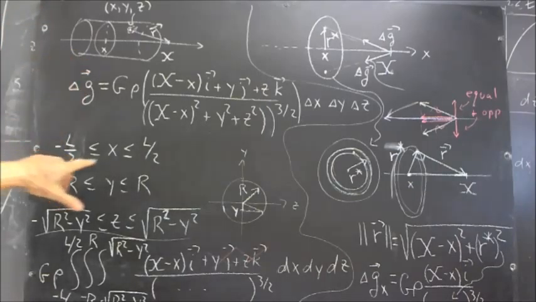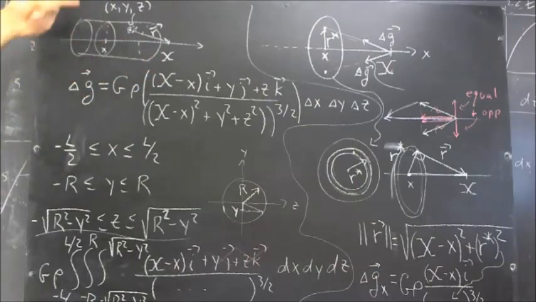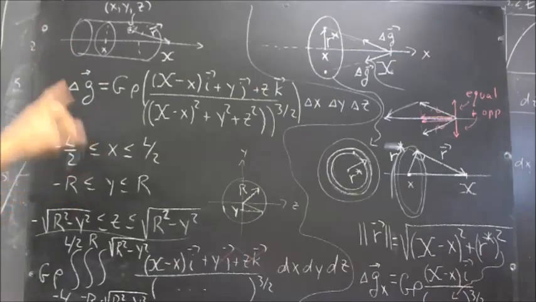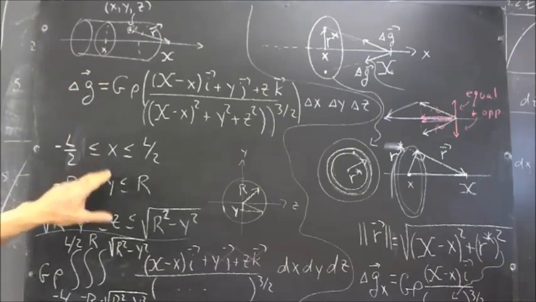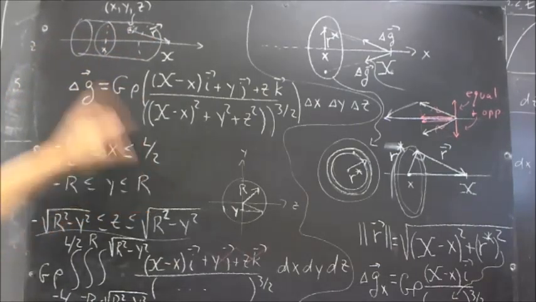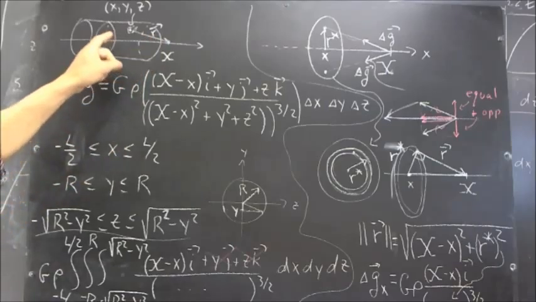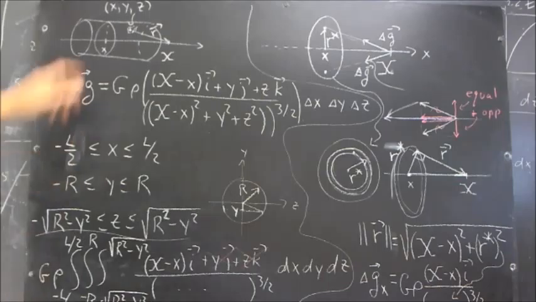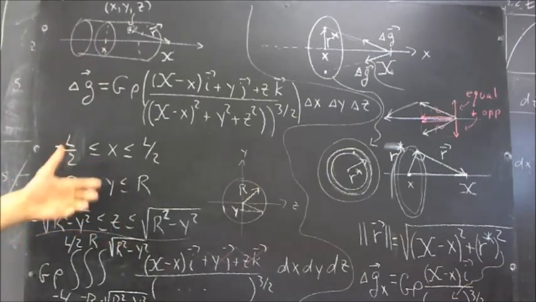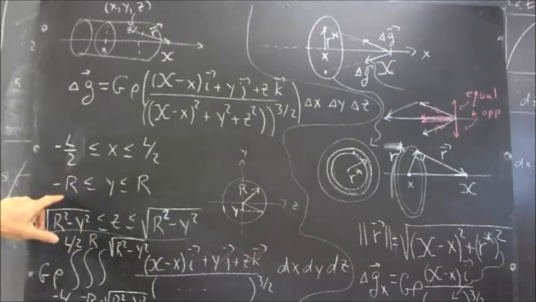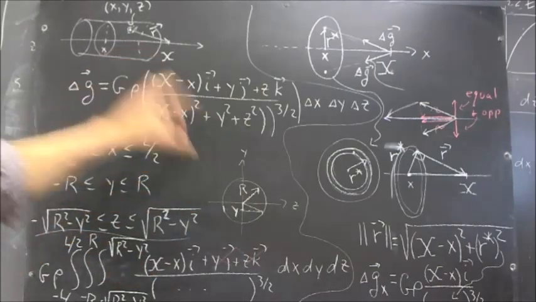The inequalities that could be used to describe this in terms of rectangular coordinates: clearly x is within the cylinder if it falls between negative L over 2 and positive L over 2, L being the length of the cylinder and x being 0 at the center of the cylinder. And if the radius of the cylinder is capital R, which it is in this case, y can go from negative R to R.